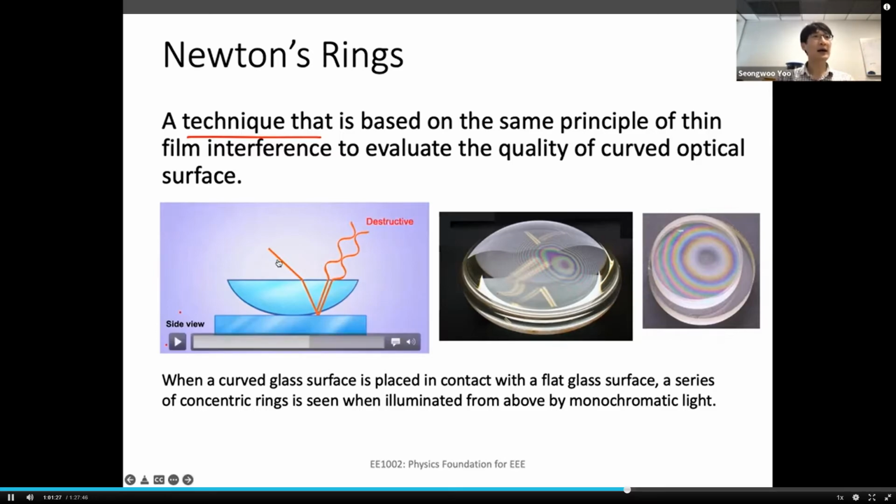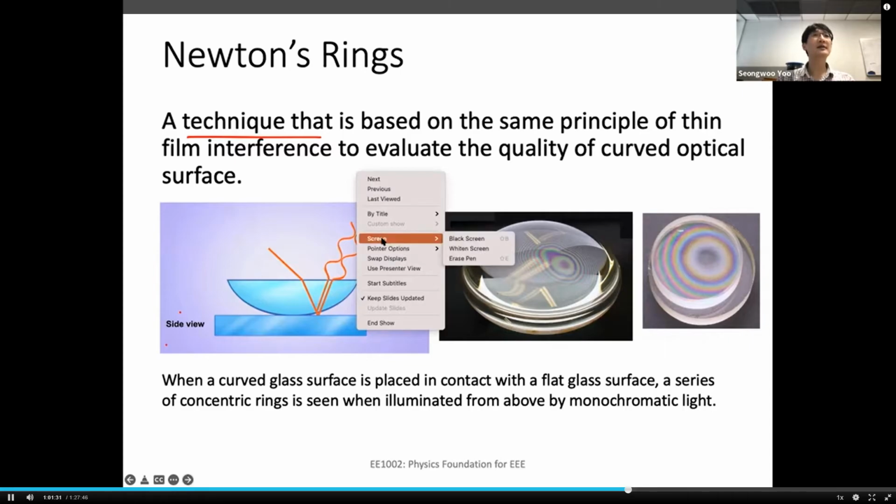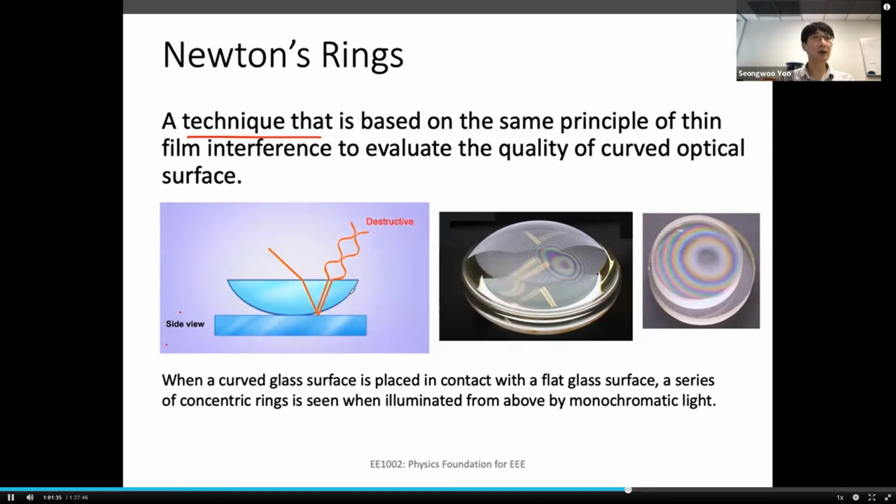What I like to highlight here is our thickness of the gap, this T, that determines the optical path length. This thickness T is varying along the length.